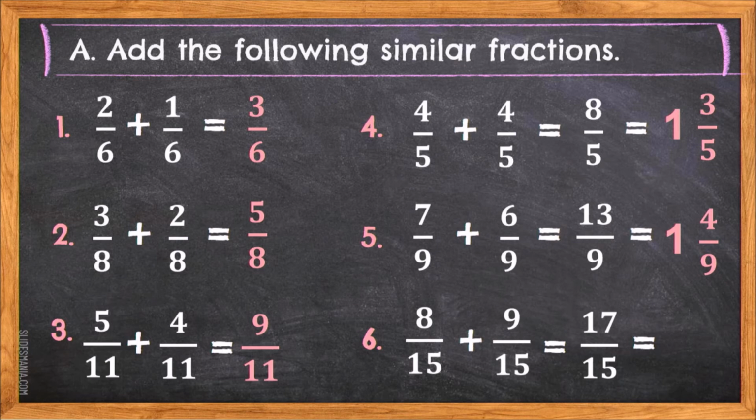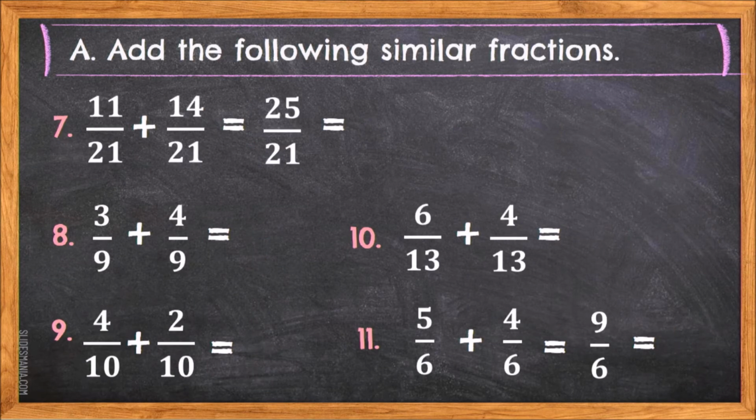Okay. Next, number 6, we have 8/15 plus 9/15 is equal to 17/15. Again, kids, it's not the answer yet. Since it is an improper fraction, we will make it as a mixed number. So 17/15 is equivalent to 1 2/15. Okay?